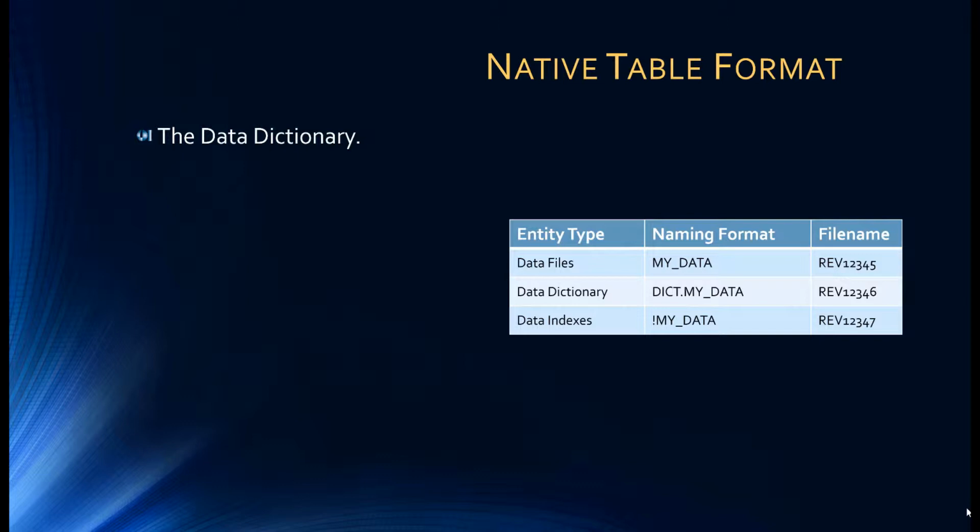If you were to create your table and then your dictionary and your index one after the other, then the numbers would be sequential. Obviously, if you were to create the data file and then the dictionary at the same time, they would be sequential. If you were to create an index later on after you've created some more tables, then the bang file would have a larger number that wouldn't necessarily be in sequence. But it doesn't really matter about the file names, because within OpenInsight we can refer to them as the naming format option.